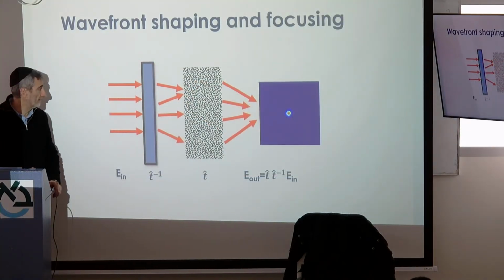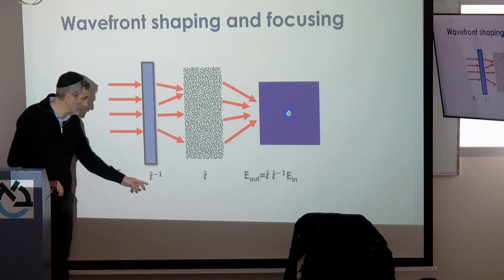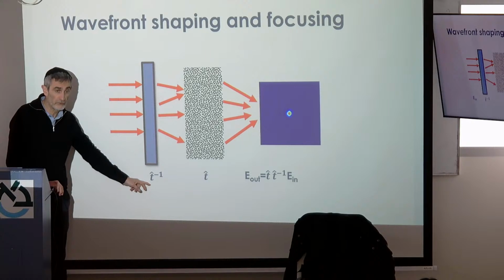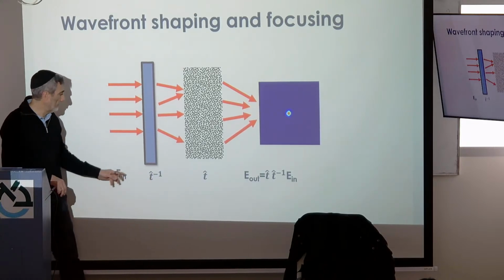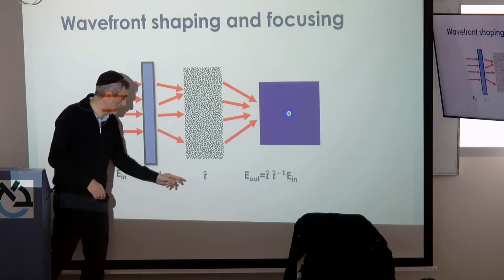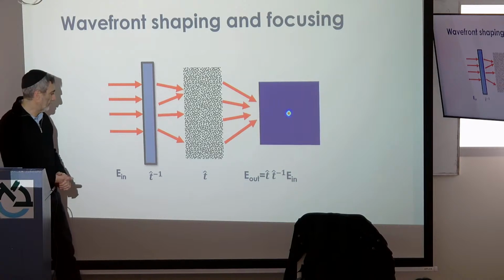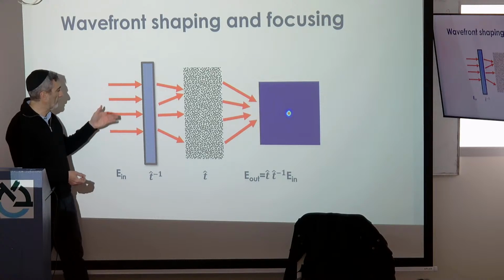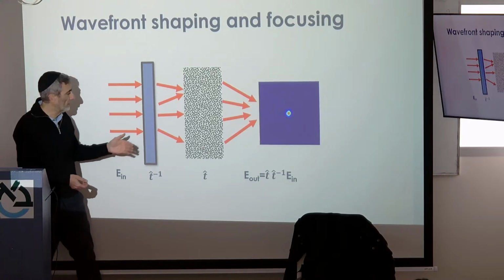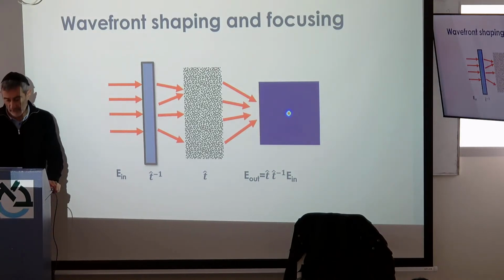So by shaping the wavefront, which is given by the inverse of the transmission matrix, the linear transformation here, if this is exactly the opposite of this matrix, then you can get what you need at the output. If you have a point source, you'll get a focal point at the output.